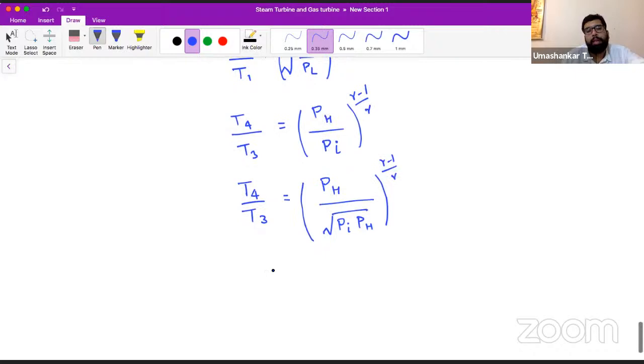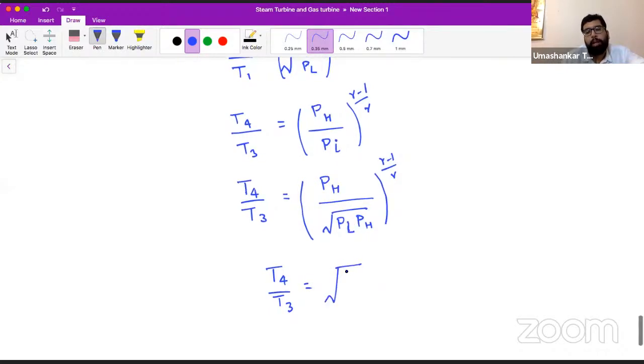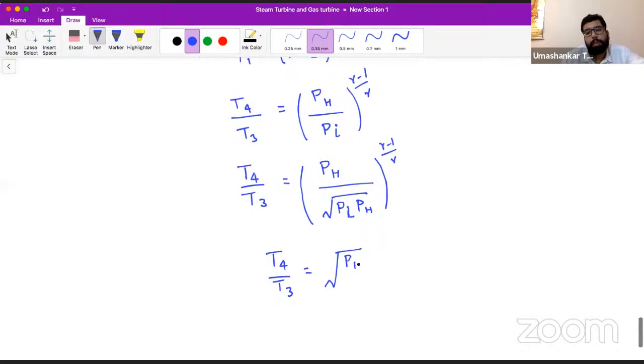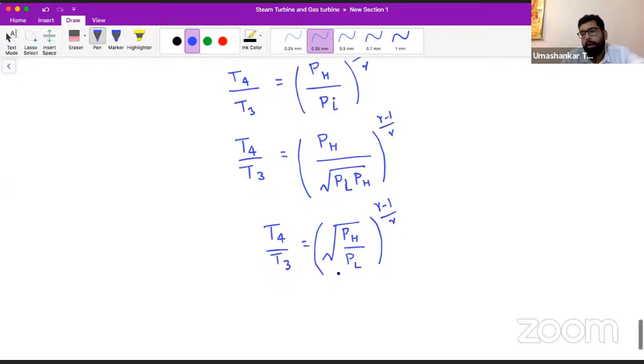So from here you can say that T4 by T3 is equal to under root pH by PL (this is PL actually), to the power gamma minus 1 by gamma, okay, all right.